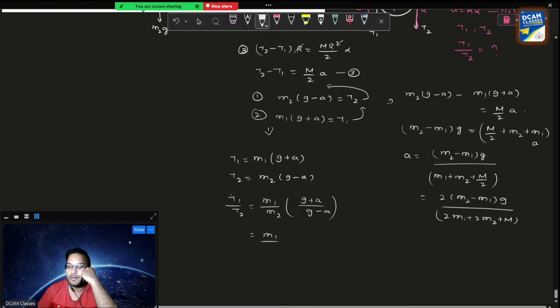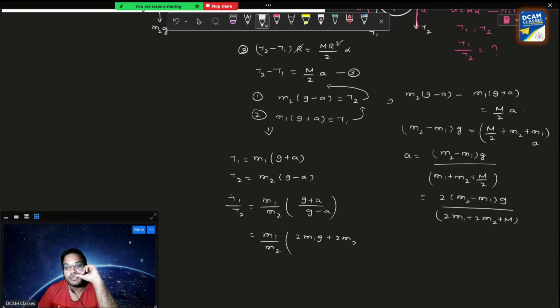So (g plus a) is what? 2m1g plus 2m2g plus mg plus 2m2g minus 2m1g, by the corresponding expression for (g minus a).